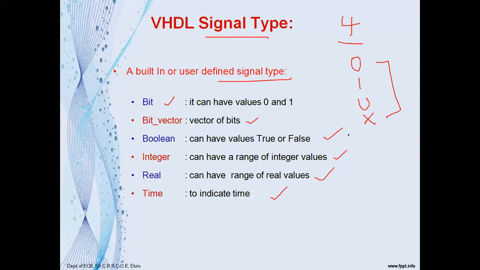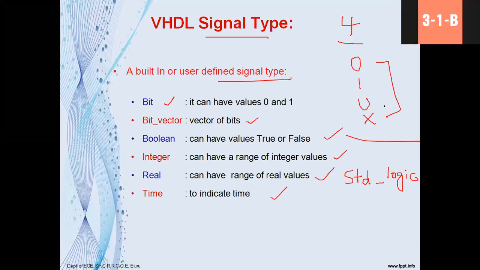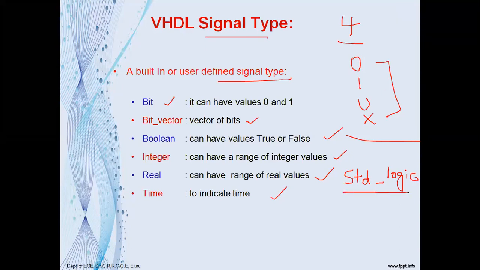But here there is a package called standard logic package, which is defined by the IEEE. Standard logic. It is a package. If you are not using this standard logic package, you are allowed to use only any one of these four types of signals.